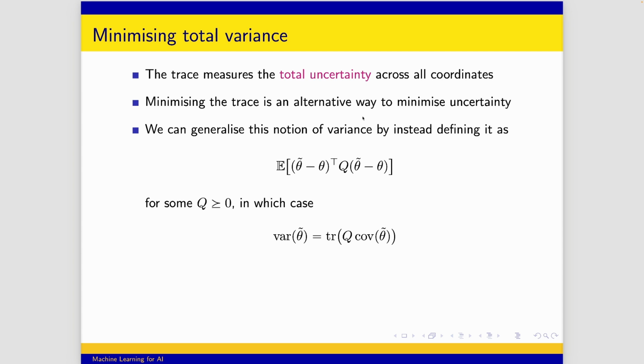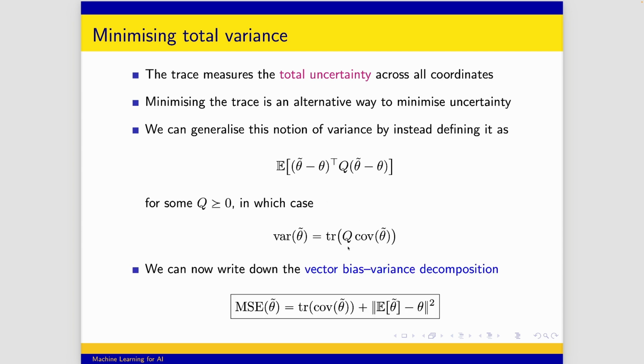And we can even generalize this notion of variance by instead looking at the expected value of this quantity using any positive definite or semi-definite matrix Q here, in which case the variance we would define as the trace of this matrix Q times the covariance of theta tilde. But okay, let's stick to our case, which is where this is just the identity.